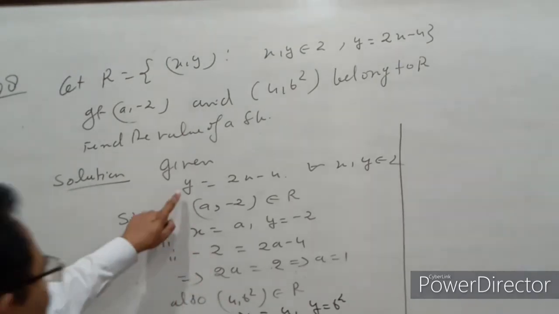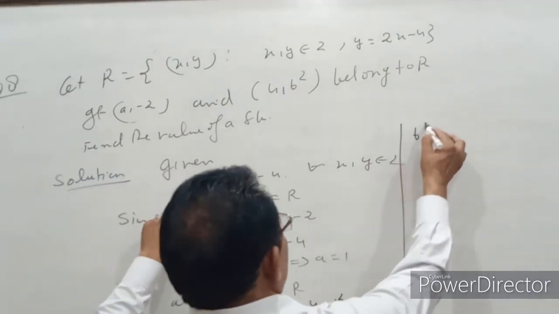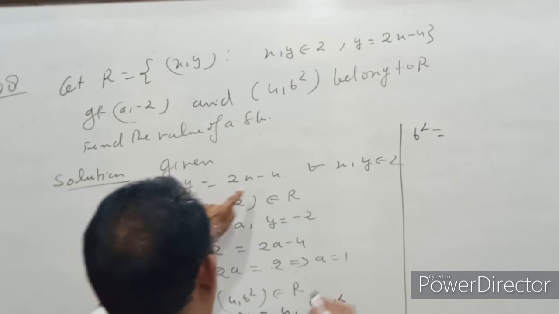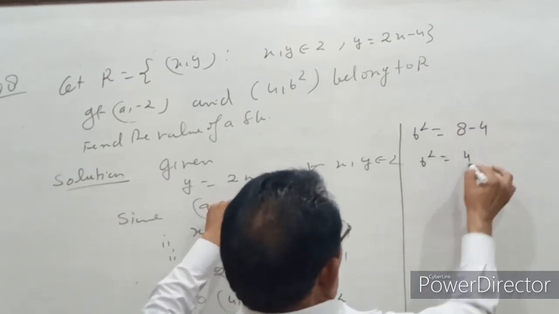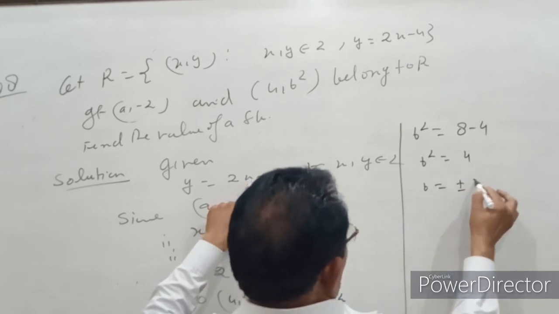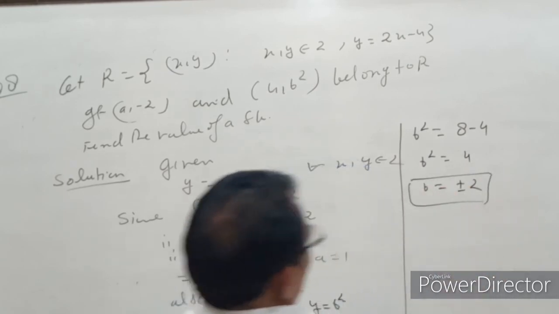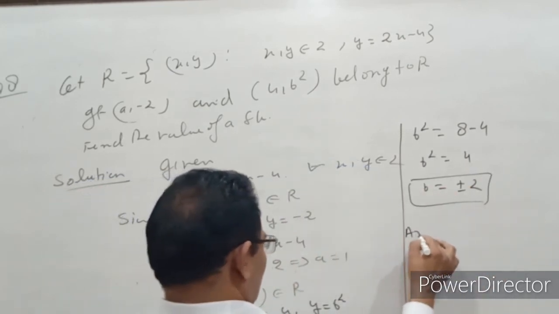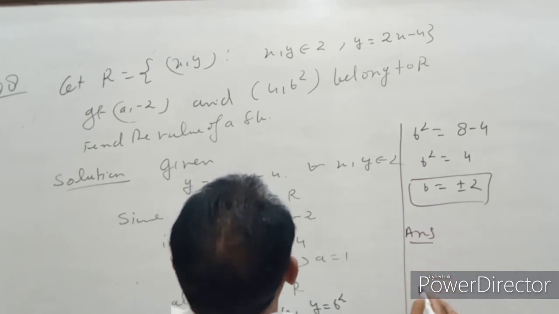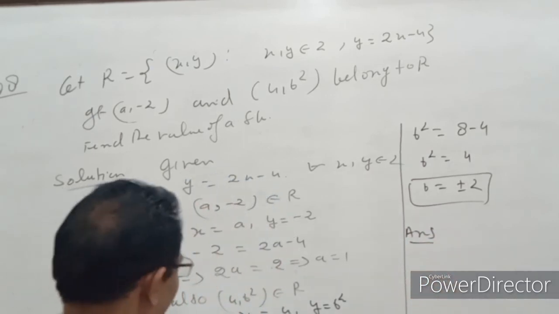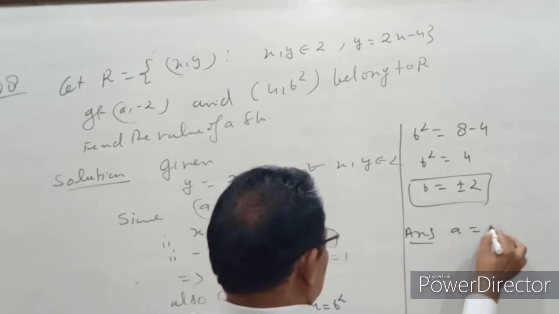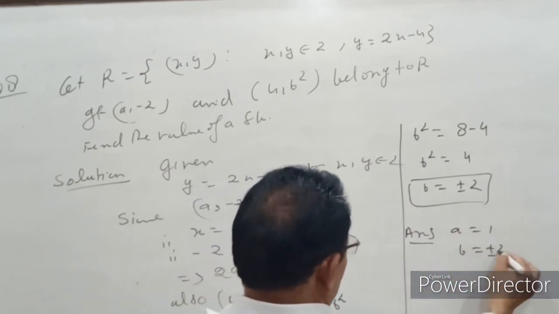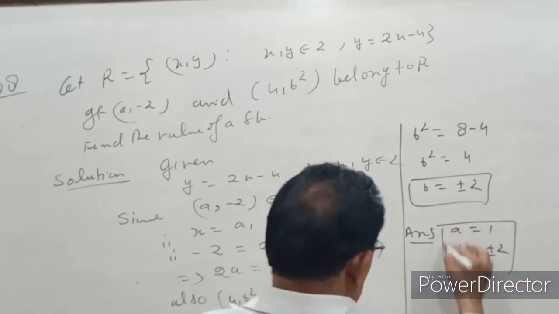Now put the values: b² is equal to 2 times 4 minus 4, or b² is equal to 4, or b is equal to plus minus 2. तो ये हमारा आंसर आ गया. That is to say, a is equal to 1 and b is equal to plus minus 2.